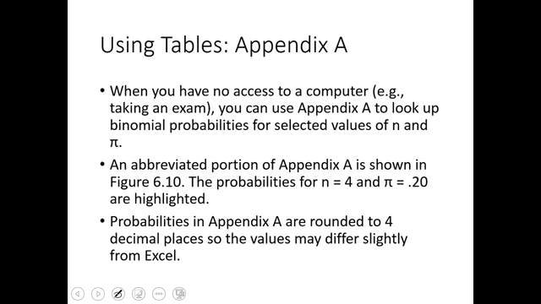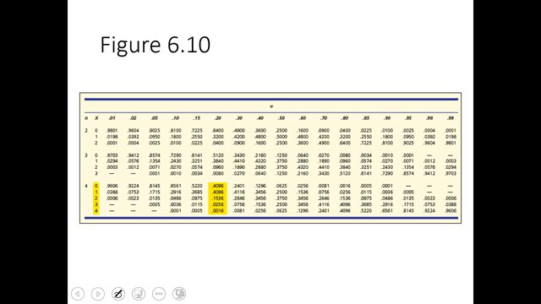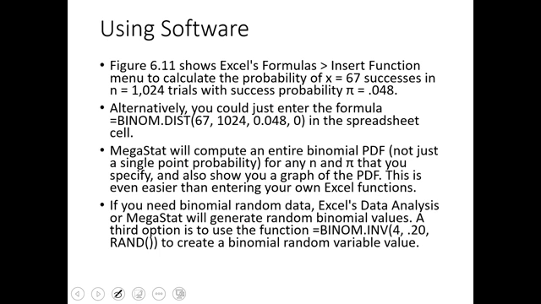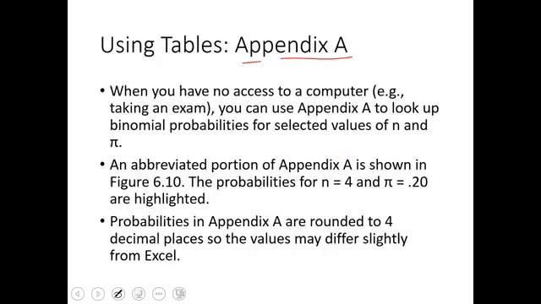Okay, and we can use Appendix A, but it is not important because in this case we have an Excel function, so we can use the binomial distribution implemented in Excel. When you would like to calculate the probability density function, you can use this Excel function.